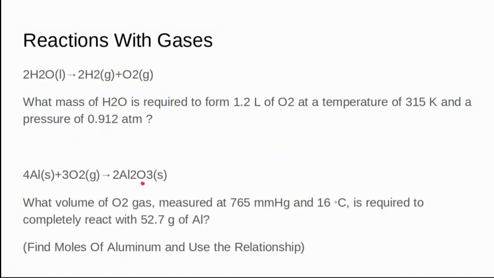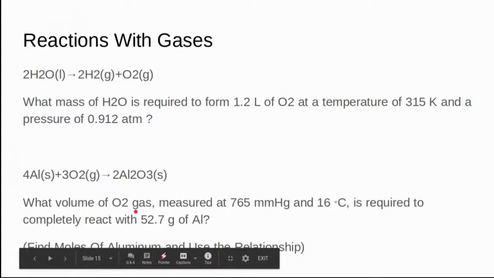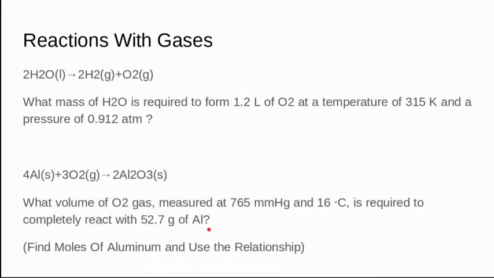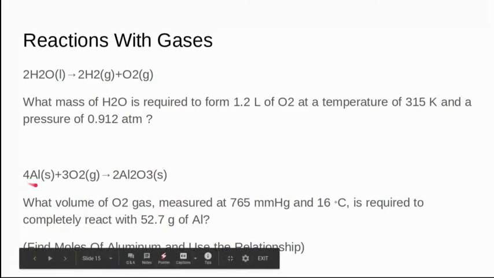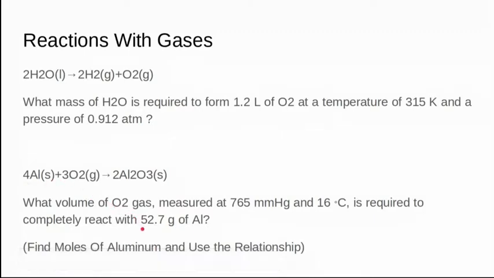So now it can get a little more complicated. You might not be able to just multiply this number by 2. So if we're trying to find volume of oxygen gas, we have 52.7 grams of aluminum. Always convert that into moles. And then we have, if there's 4 moles of aluminum, there's 3 moles of oxygen. So take your moles of aluminum over 1 and create your proportion with 4 over 3.